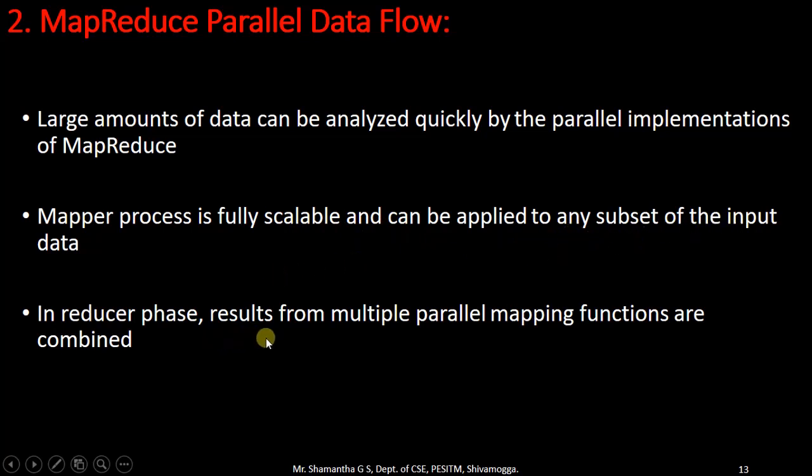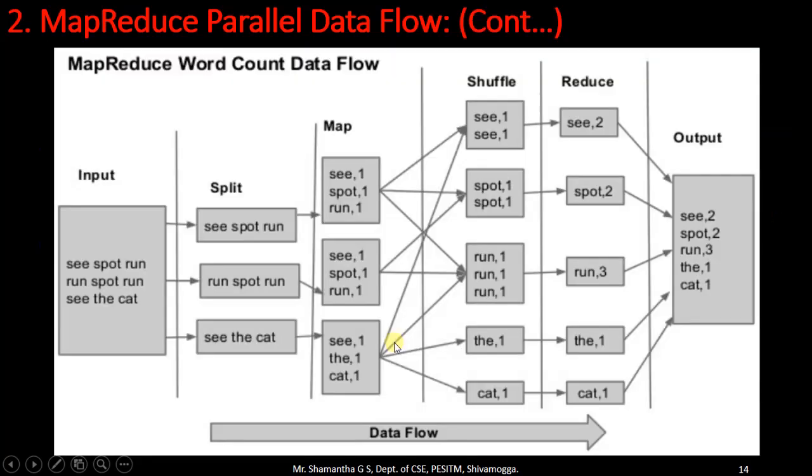In the reducer phase, results from multiple parallel mapping functions are combined. So parallel execution of MapReduce requires other steps in addition to the mapper and reducer process. We will study those additional steps in the data flow model of MapReduce.